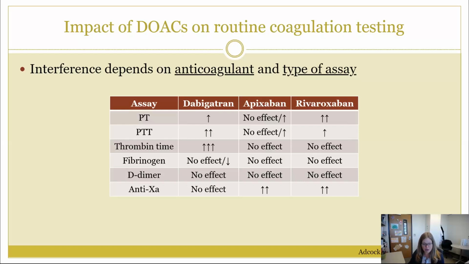D-dimer is measured by immunoassay, so this is unaffected by any of the anticoagulants. And then chromogenic anti-10A assays that are usually in labs to measure heparin therapy are not affected by dabigatran, but they are affected by apixaban and rivaroxaban, because these are also anticoagulants like heparin that have activity against factor 10A.